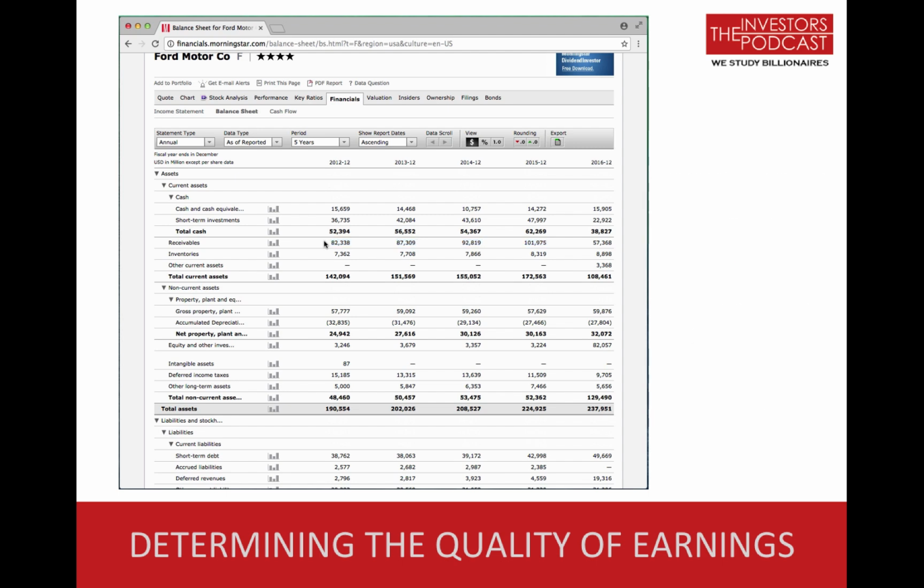So when we look at this receivable line, it's going up, and in general, we would expect that number to go up as long as the revenue is going up as well. And that's what we saw. But what you have to do is look at a percentage. You have to compare the receivables for each one of those years to the revenue and take that as a percent.